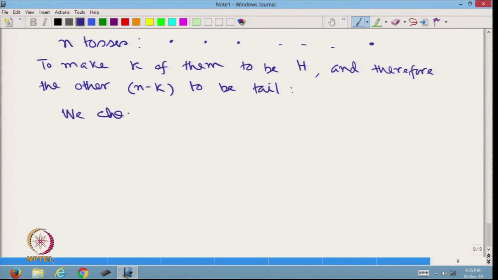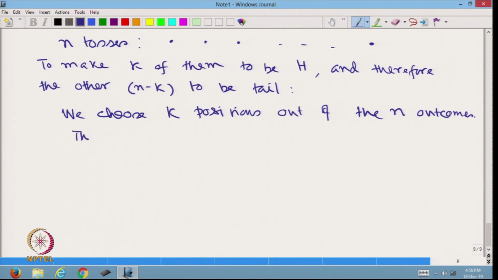We choose k positions out of the n outcomes. This can be done in n c k many ways.